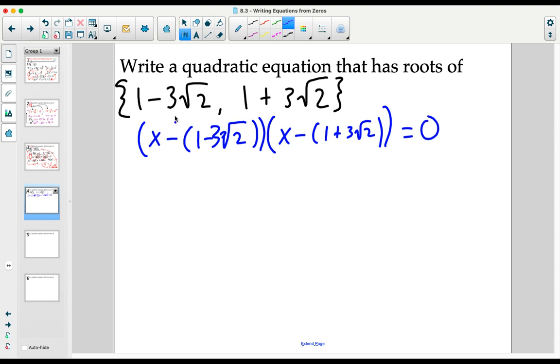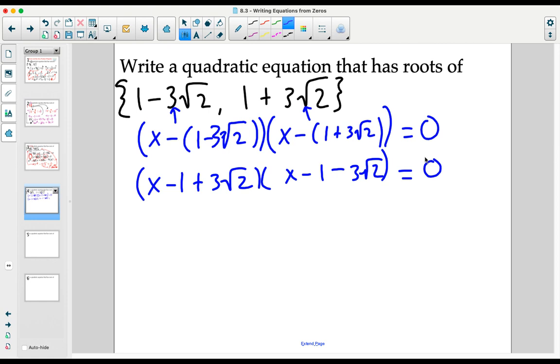So this factor gives me that solution, and this factor gives me that solution. Running those minus signs through the parentheses in an effort to clean this up a little bit, we have x minus 1 plus 3 root 2 and x minus 1 minus 3 root 2, making sure they are not identical factors because they shouldn't be. There's no repeated root in this question.